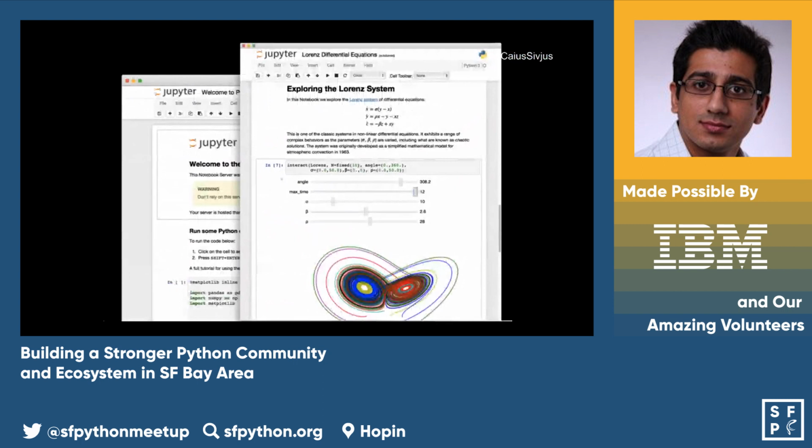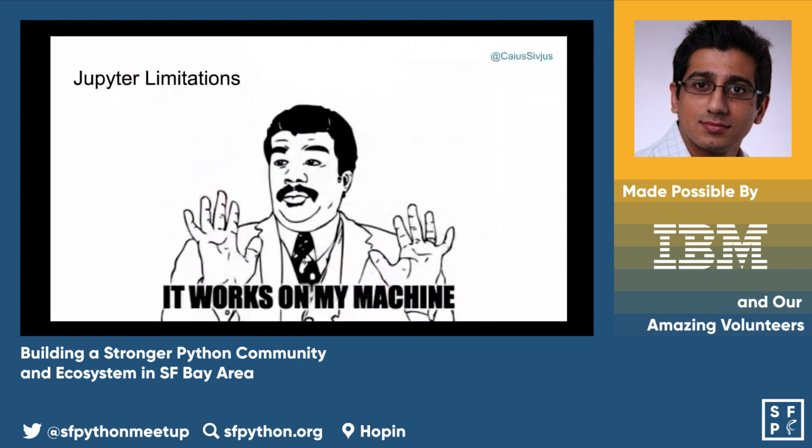Here's a picture I pulled from the Project Jupyter website. You can see we have some text, some formulas, some interactive sliders, some code blocks, and some visual output. We can use all of these building blocks as components when we define our data science methodology. And we can also pass these notebooks around when we want to share results with colleagues.